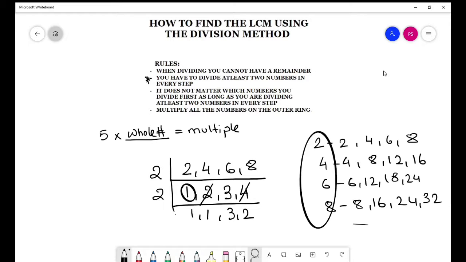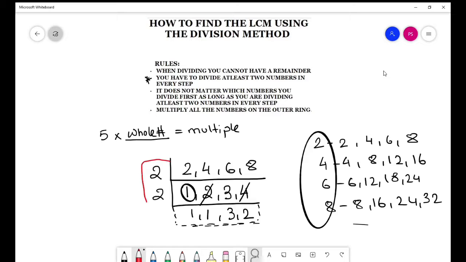Now once I reach this step, notice since we don't count 1, we just leave them alone, but there isn't any number that can divide 3 and 2 without leaving a remainder. So I cannot find one number to divide at least two numbers, and that indicates to me that the division step is done. Finally, it says multiply all the numbers on the outer ring.